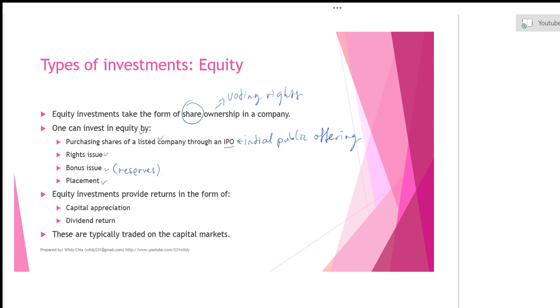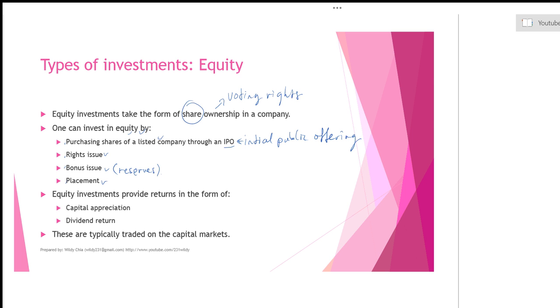A placement basically assures the company that there is a good issue price, and there is a very good chance of 100% take up of all the shares offered under the placement, right? But whichever it is, equity investment can take the following forms, right? It may take some other form as well.